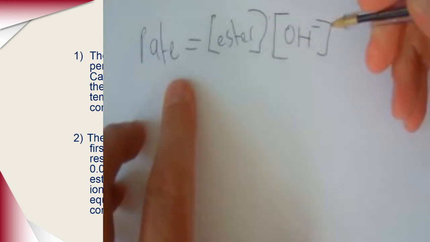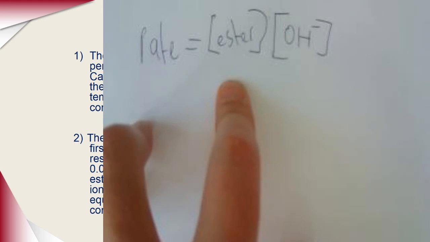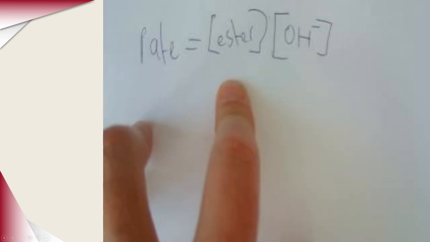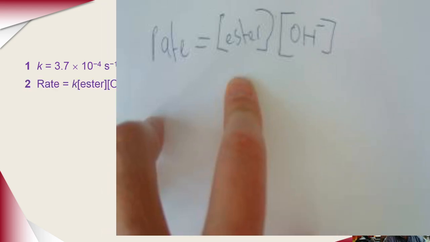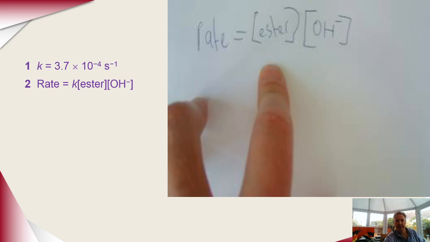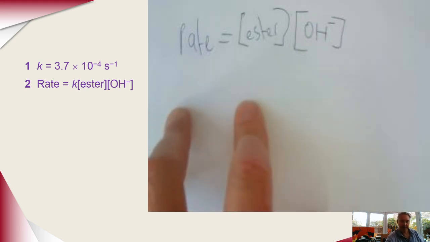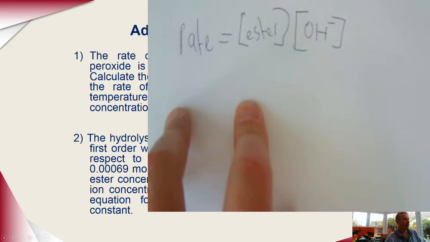The rate of reaction is that. So let's just check that answer. Yeah, rate equals k [ester][OH minus].